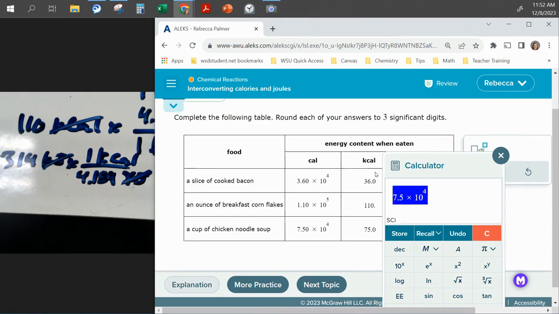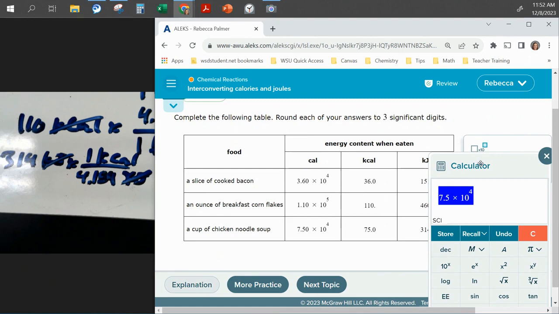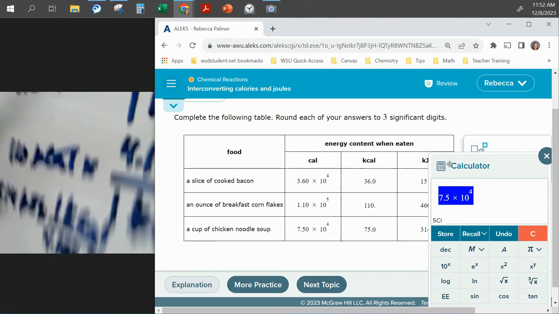Okay. Questions? Does that help? Other ones you want to do, or are you just ready for work time? Wesley, I'm doing one of them, and the answer from kilojoules to kilocalories is 224.9.